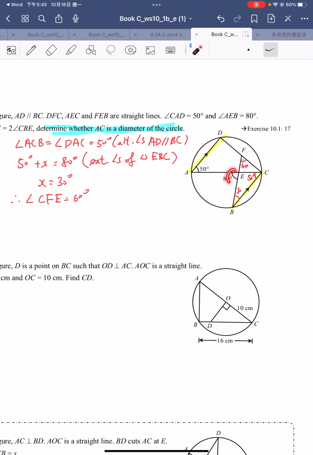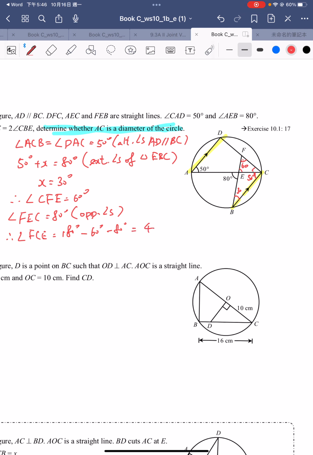As this is 80 degrees, the opposite of it is going to be 80 degrees as well. So we can write down the angle FEC is equal to 80 degrees, and the reason is the opposite angle. Then we can use the angle sum of a triangle to find it out. The angle FCE is equal to 180 minus 60 minus 80, which is equal to 40 degrees, by using the angle sum of triangle FEC.